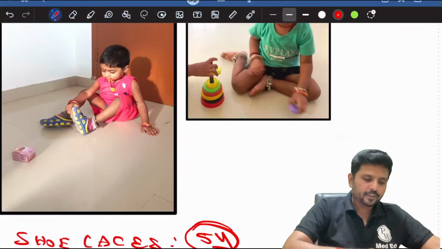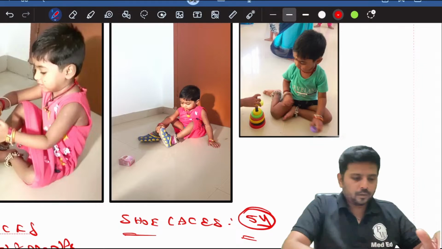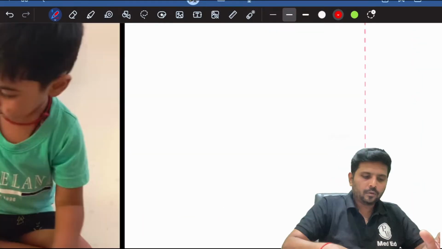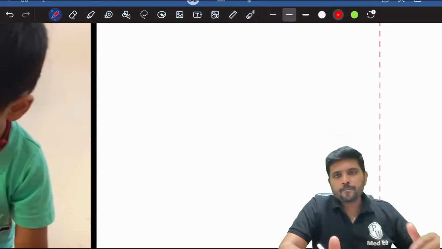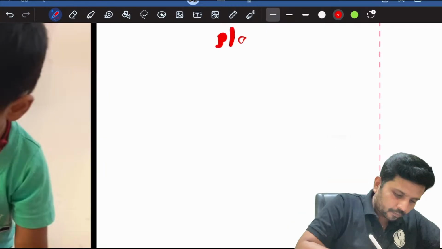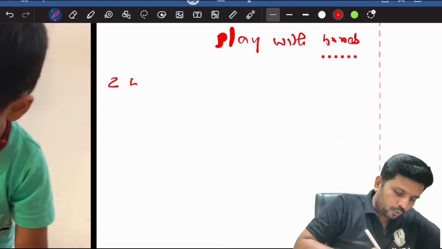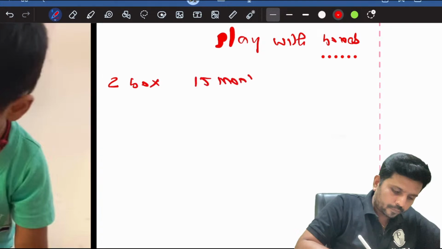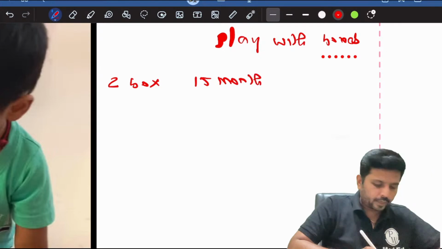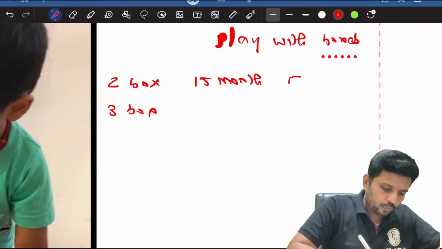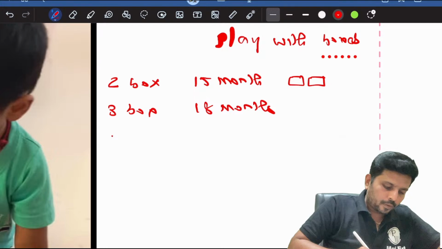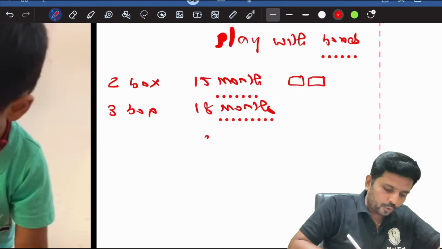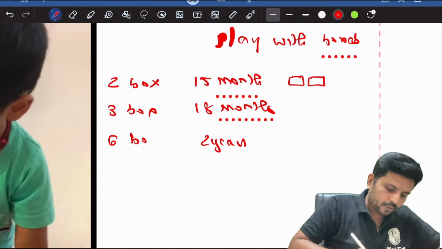And then with respect to play with boxes or squares: two boxes by about 15 months, three boxes by about 18 months. By about 2 years, six boxes.